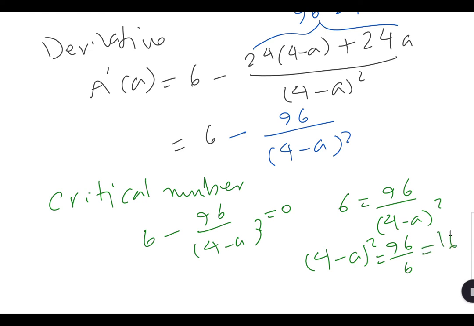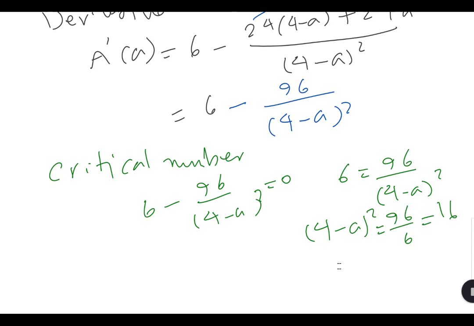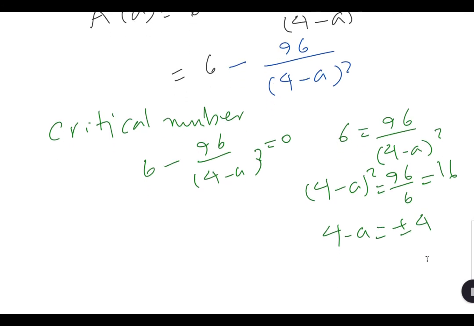Okay, and so this means that 4 minus a is equal to plus or minus 4. One of these answers is going to be positive, one is going to be negative, and I know a is supposed to be in the first quadrant, so it has to be positive. So one of them is going to be 0 actually.